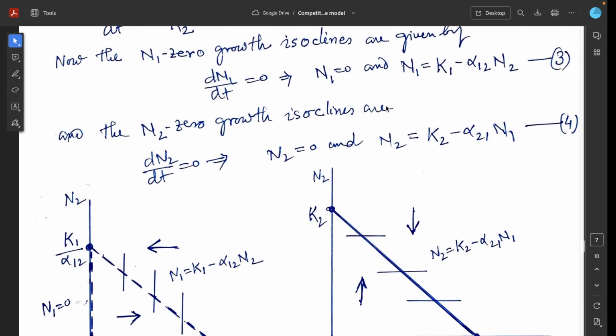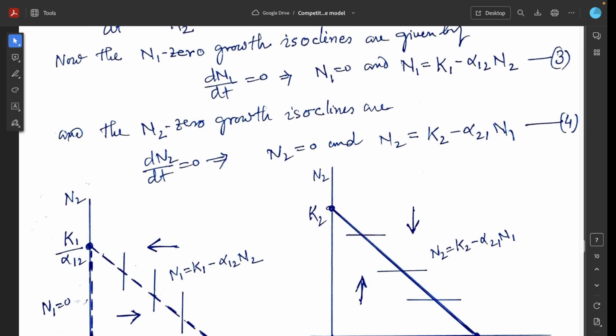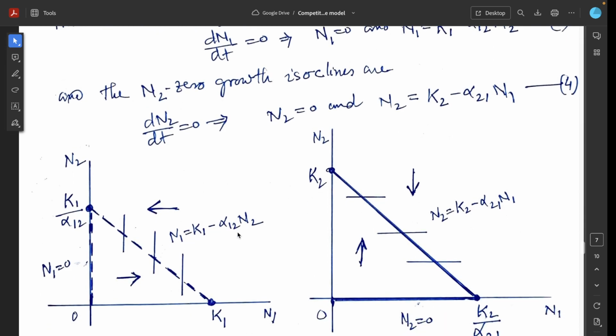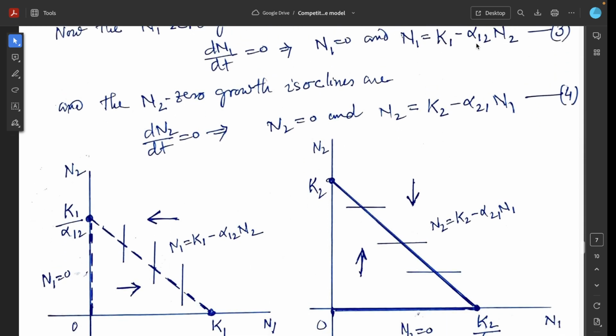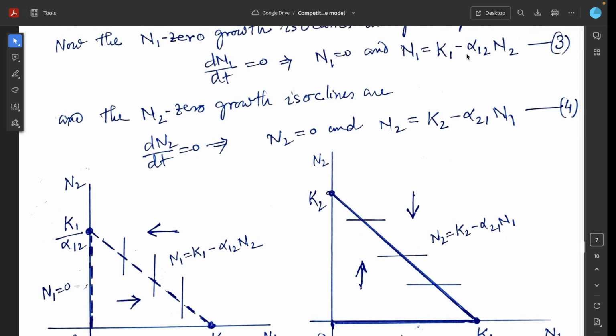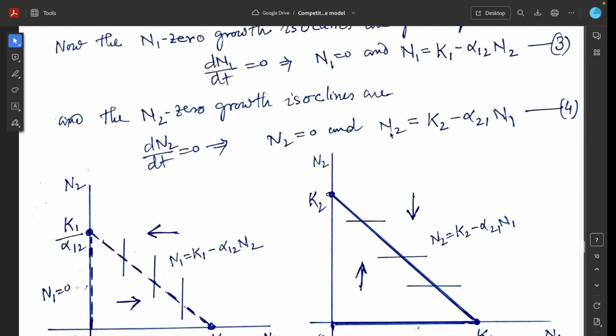Obviously, this axis is n1 and this axis is n2. From n1 equal to 0, this is the n2 axis. And n1 equals k1 minus alpha12 n2 gives a straight line in the n1-n2 plane.